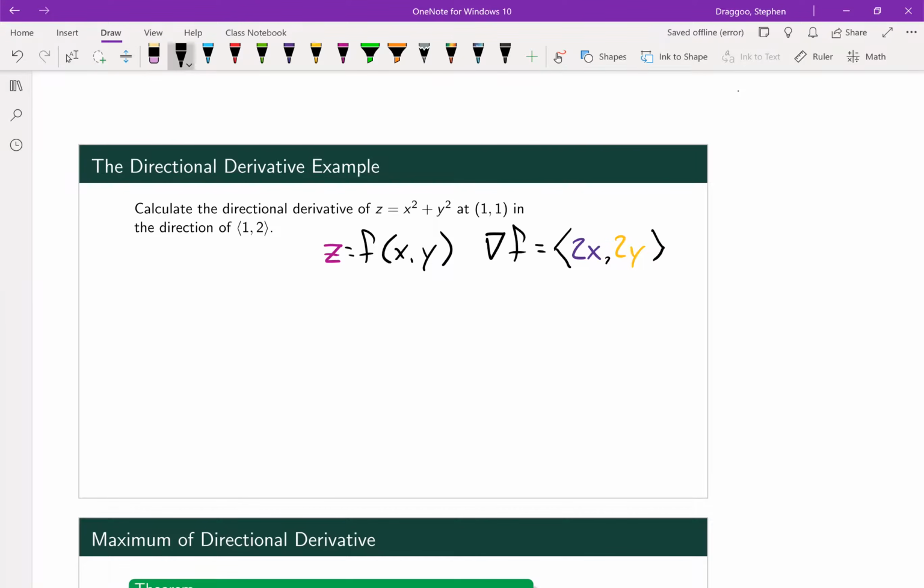So now that we have the gradient, the directional derivative D_u of f of x is equal to the gradient f of x dotted with that vector.